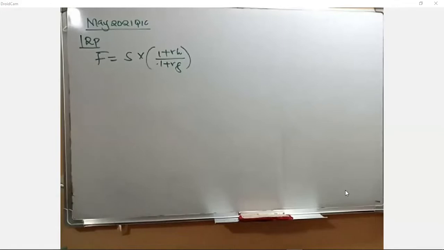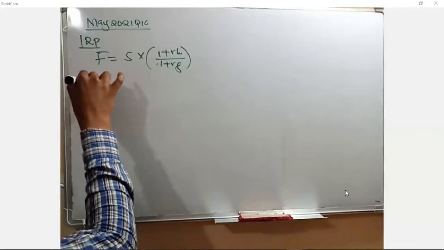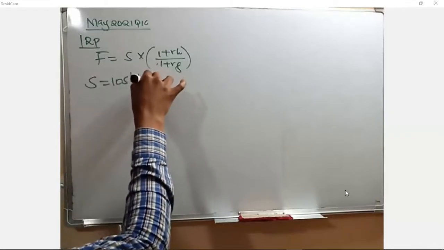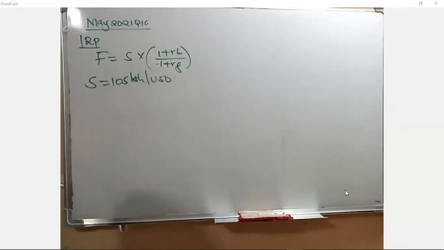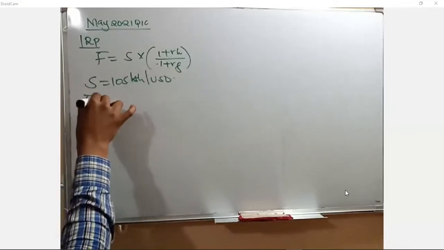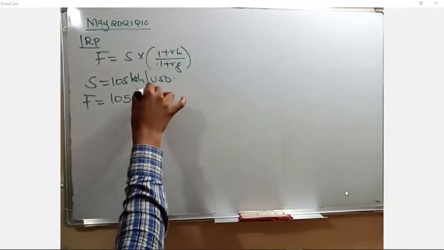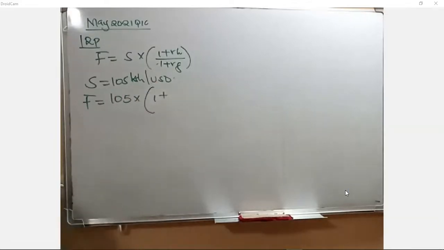Now, once you move on, just determine your spot rate. Are we using the spot rate for today? We say the forward exchange rate we use now. So your spot rate in this case will be 105 Kenya shillings per US dollar. Now, to get the forward exchange rate, we are going to take 105 times 1 plus the rate of the home currency.